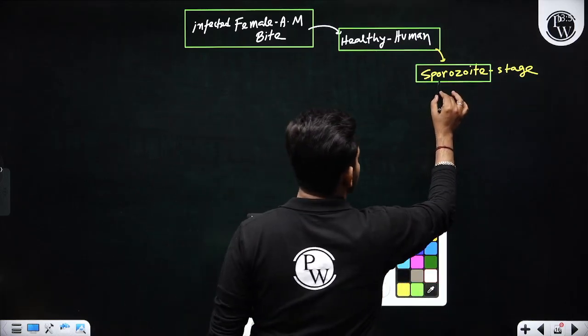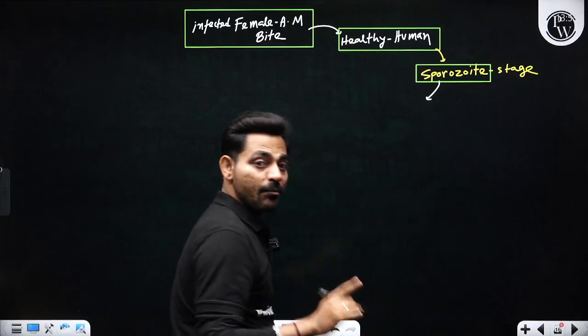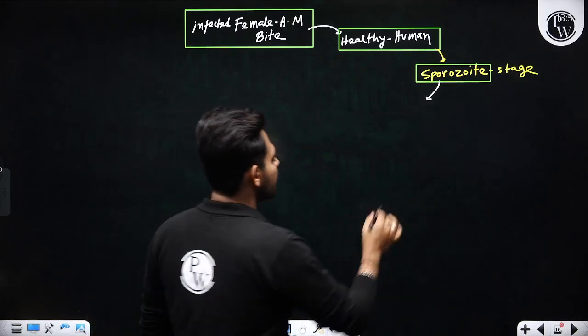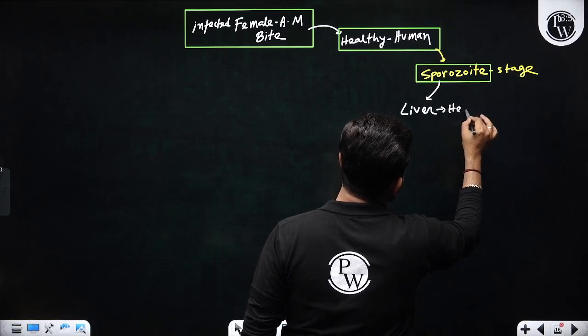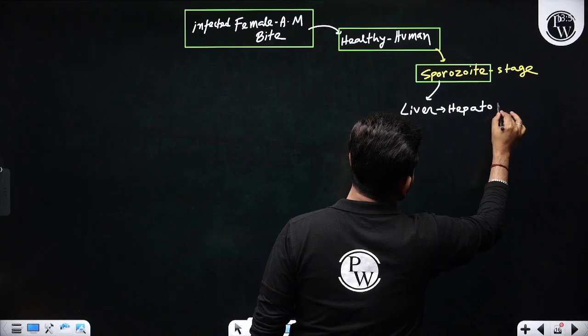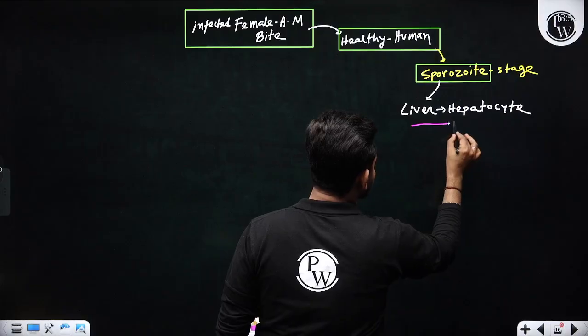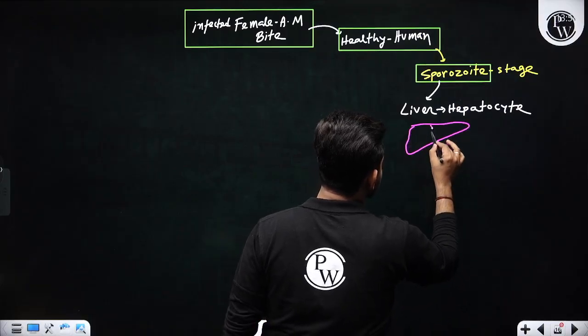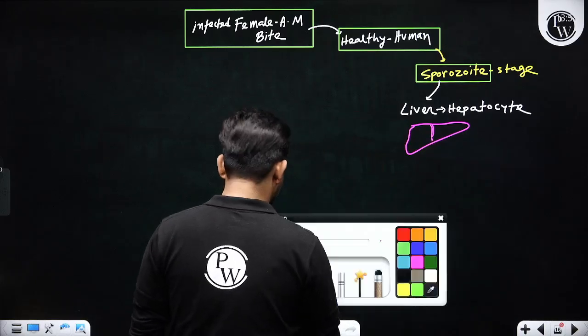Now this sporozoite will escape inside the hepatocytes of the liver. They will attack the liver. The liver cells are called hepatocytes.